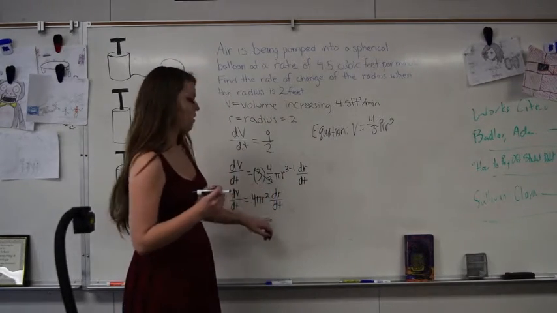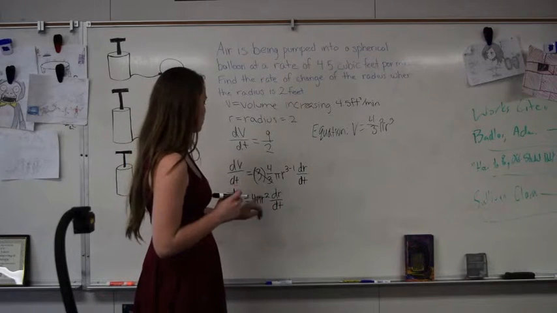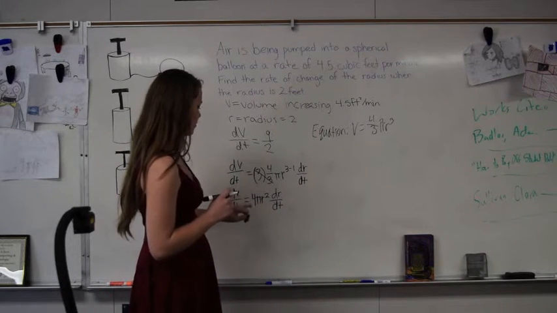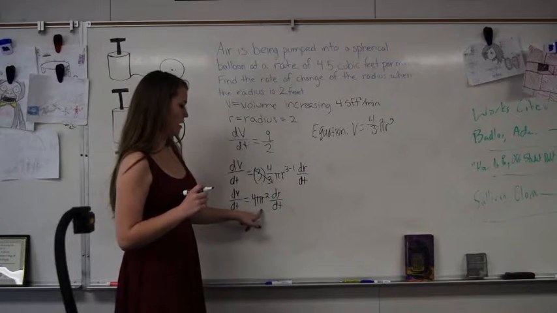Now we need to get dr over dt by itself, so we have to isolate this by dividing both sides by 4 pi radius squared.